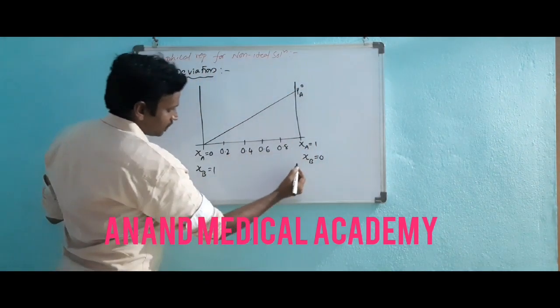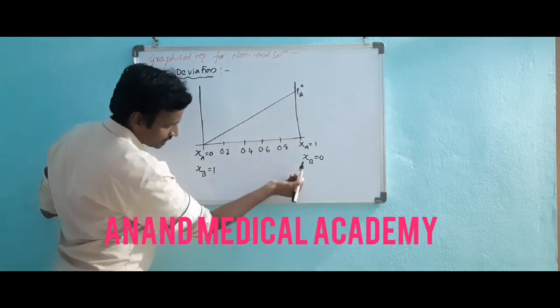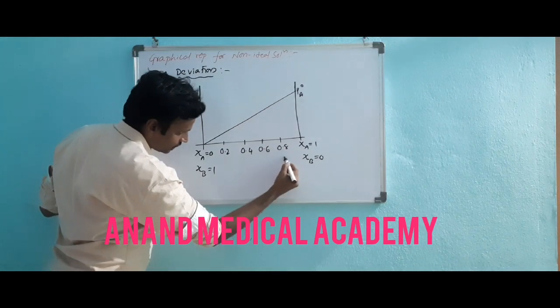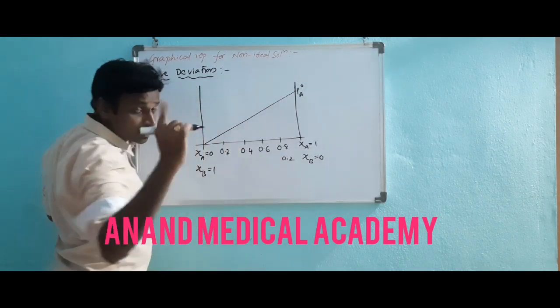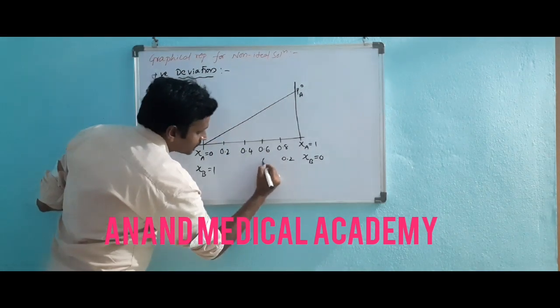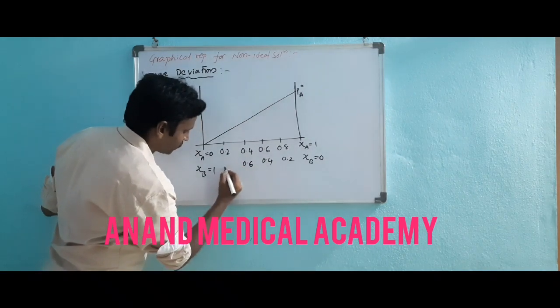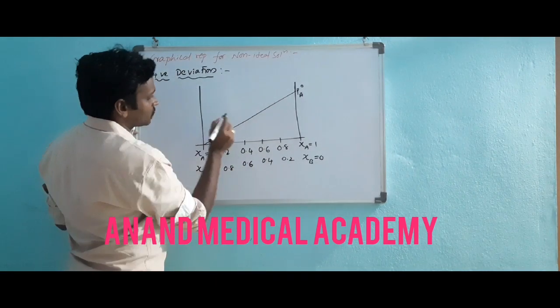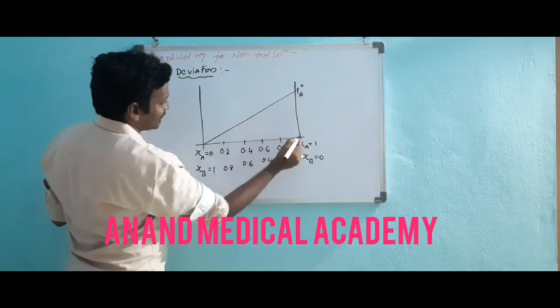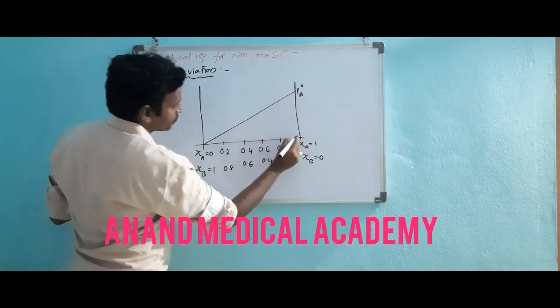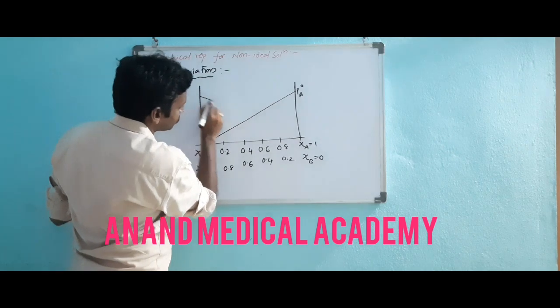The mole fraction of B is reversed: 0.8, so it is 0.2, total is 1, then 0.6, 0.4, 0.4, 0.6, 0.2, 0.8. In this way the graph is increasing. So you can draw a graph like this.